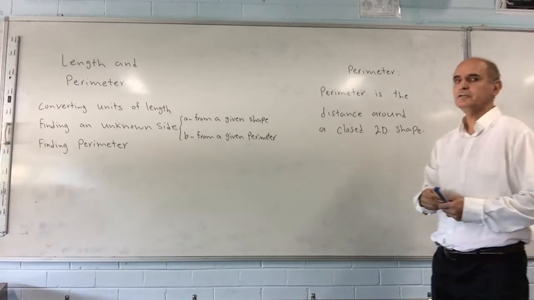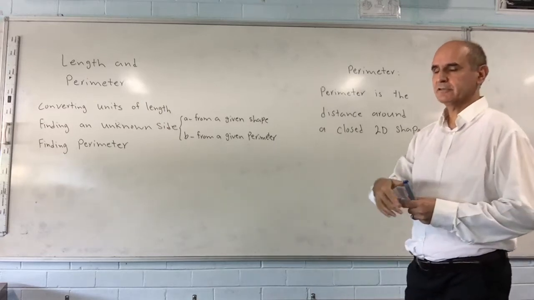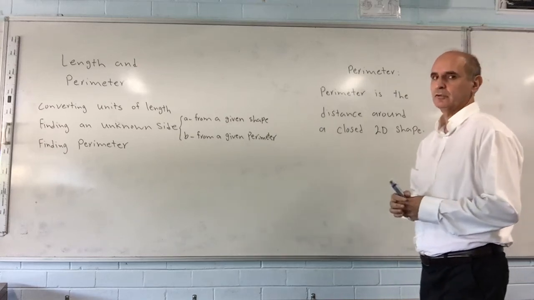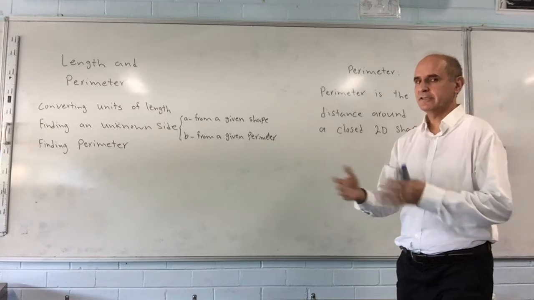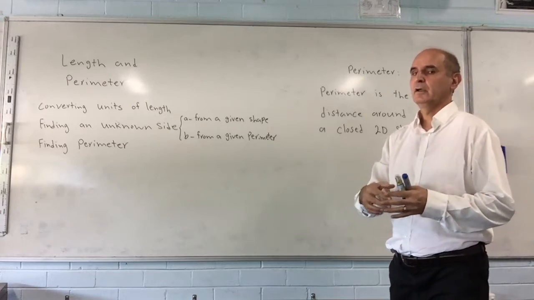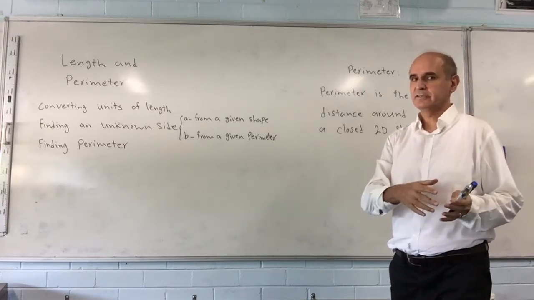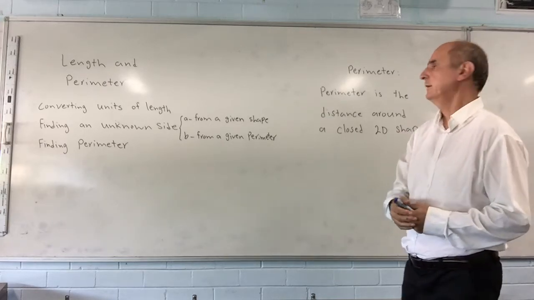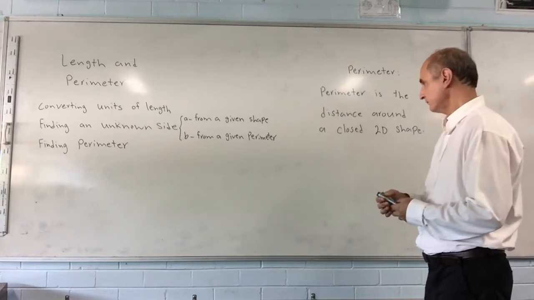To work it out, you need to add up the lengths of all sides together and make sure that all sides are in the same unit. If all of them are in meters and one is in centimeters, you've got to change that centimeters to meters and then add them up.